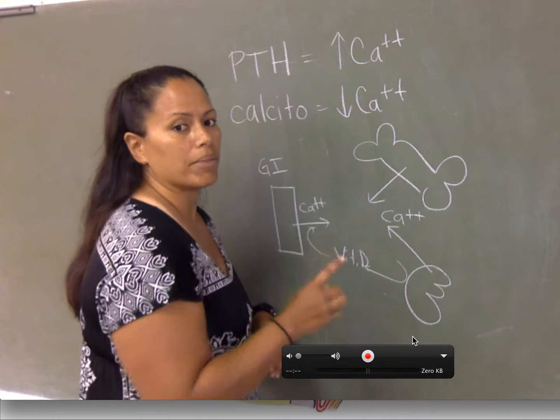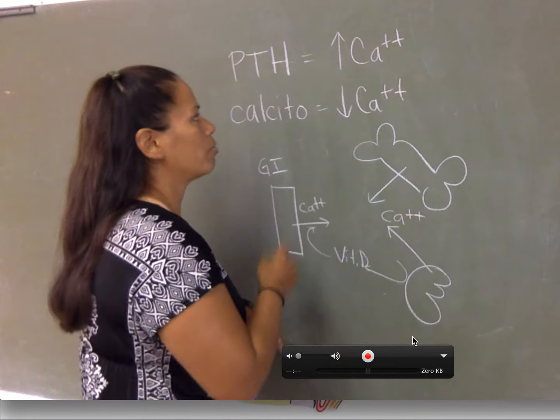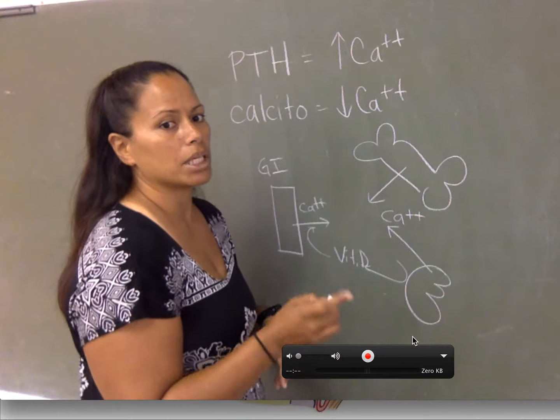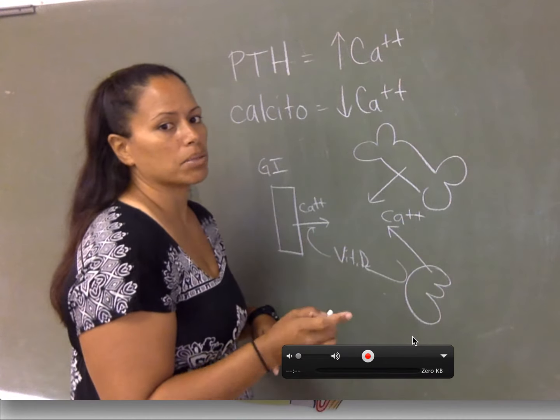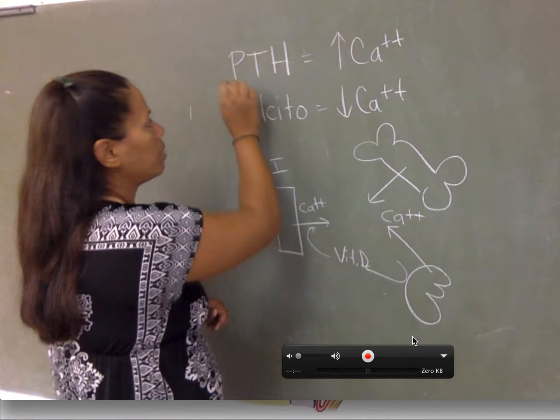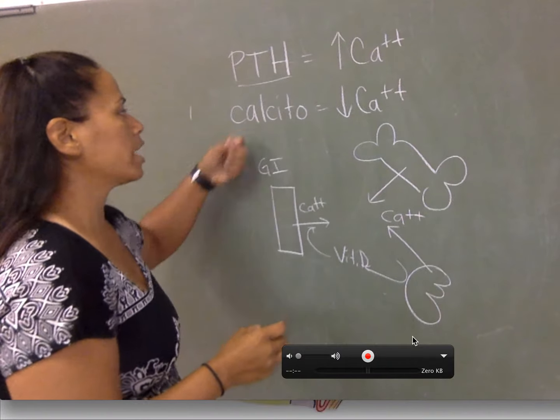So parathy makes it high, calcitonin makes it low. Parathy makes calcium in the blood high, and calcitonin makes calcium in the blood low. So where do you find parathyroid hormone? What gland? Parathyroid gland. Where do you find calcitonin?